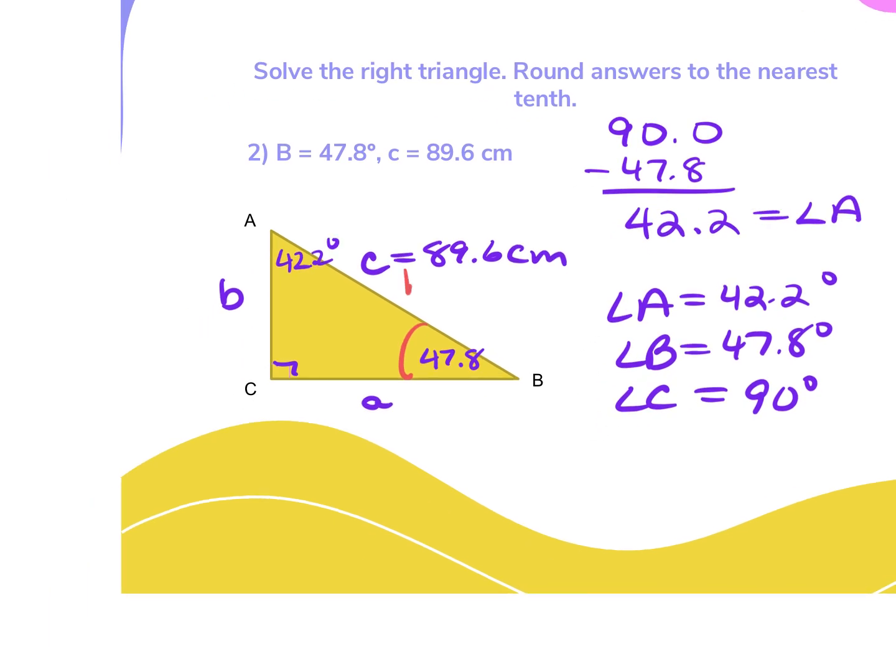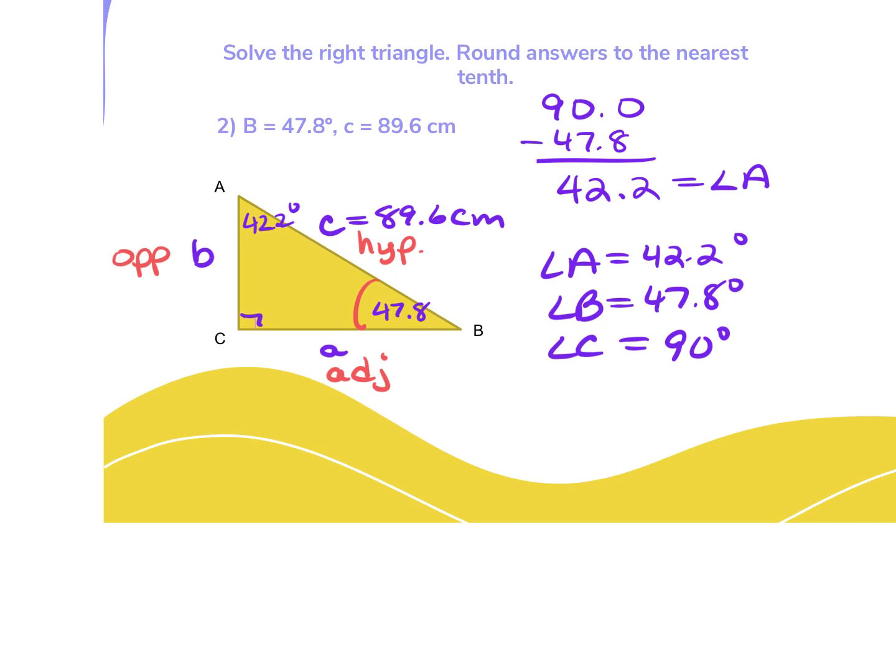So this is the hypotenuse. Always label that one first. It's across from the right angle. Then the side across from the angle that we're referencing. This will be the opposite side. And then lowercase a is going to be the adjacent side. So now if I want to find the adjacent side first, solve for A first. I'm going to go ahead and look to see what name I gave to side A. That's adjacent.